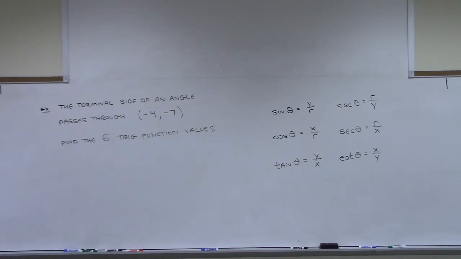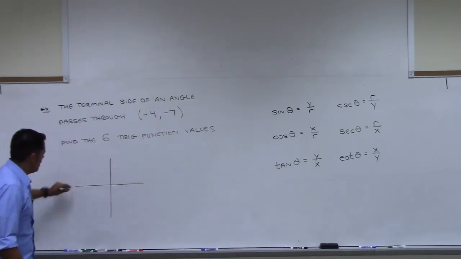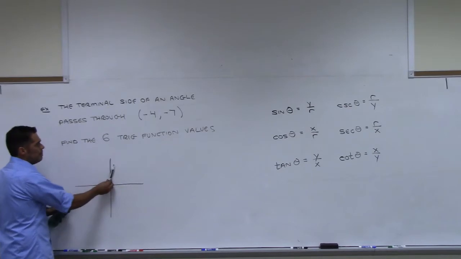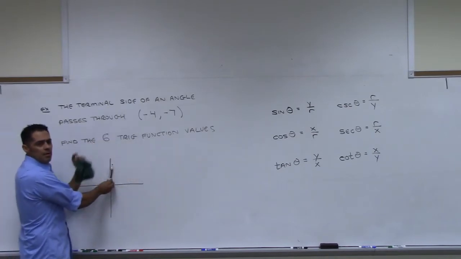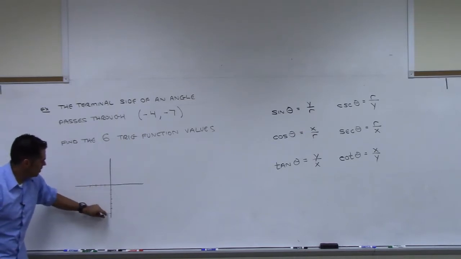So what I would do is I would just start off with a picture, just to make sure you understand where things are. You have an angle, right? It starts out here, and its terminal side, which means this side here, passes through the point -4, -7, which is, if we plot this, 1, 2, 3, 4, 2, 3, 4, 5, 6, 7.